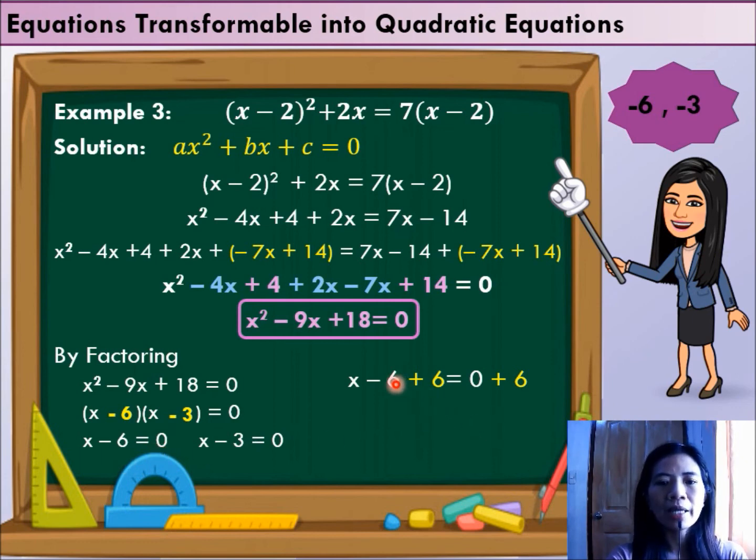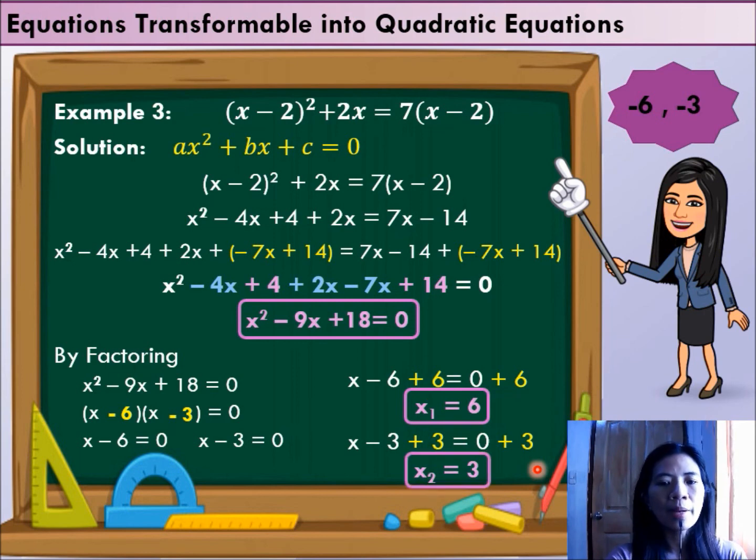We will get the additive inverse of negative 6, which is positive 6, and add to both sides to isolate the variable x. So x minus 6 plus 6 becomes 0. The value of x sub 1 is equal to 6. Then we solve for x minus 3 equal to 0 by adding positive 3 to both sides. The value of x sub 2 is equal to positive 3.